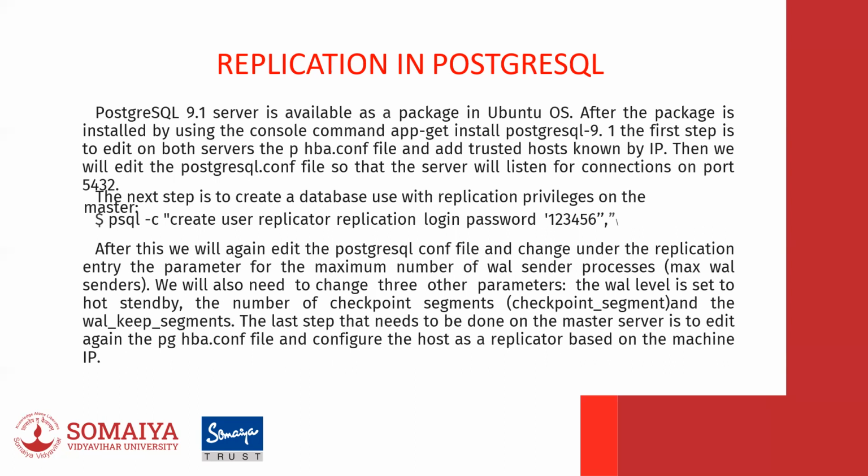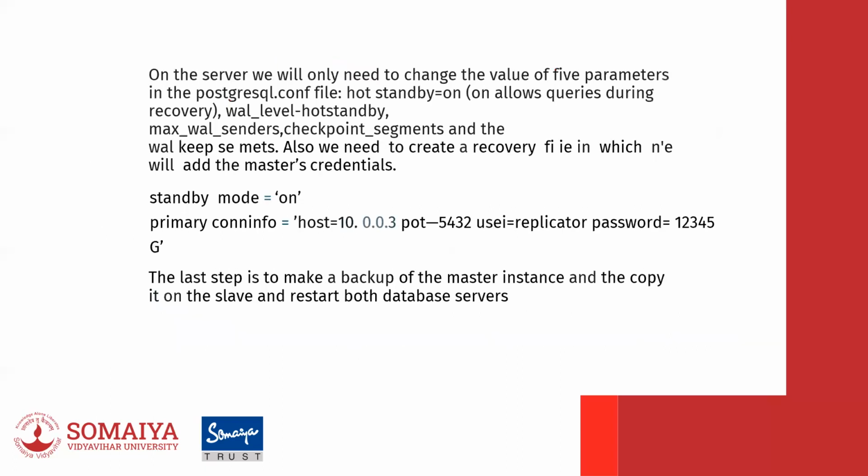We will also need to change 3 other parameters: the wal_level is set to hot_standby, the number of checkpoint segments, and the wal_keep_segments. The last step that needs to be done on the master server is to edit again the pg_hba.conf file and configure the host as a replicator based on the machine IP.